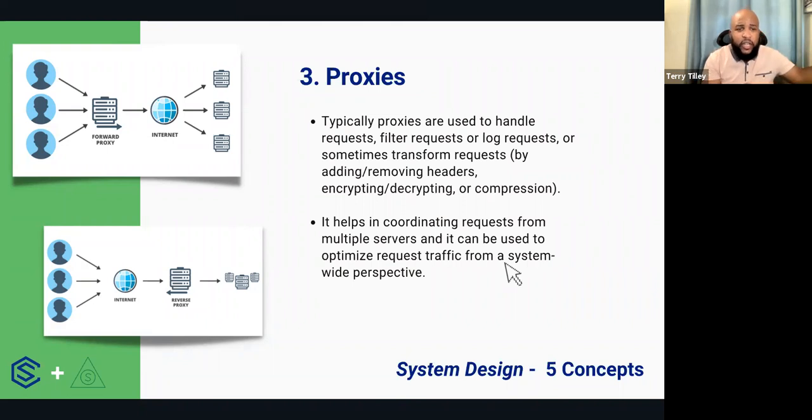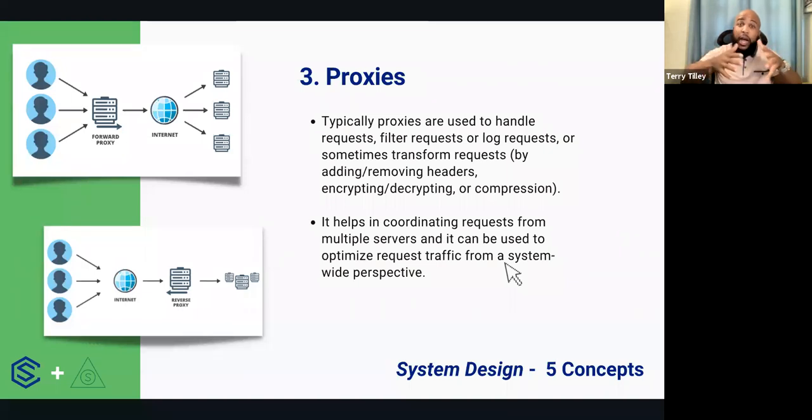With a forward proxy, the requests are sent to the proxy. The proxy acts as your intermediary, and it goes to the actual database server, gets your request, and then sends it to the client. The database server that you're requesting it from, or even the web server, doesn't know who requested it. They only know the proxy.